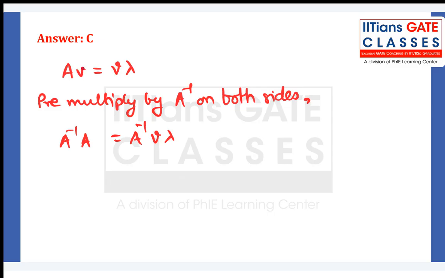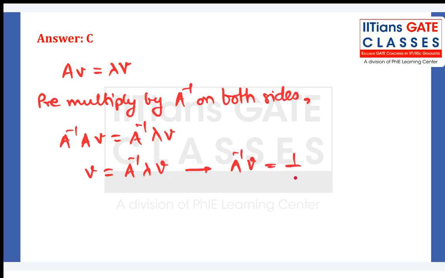Yeah, that is correct now. And just for better representation, I should write it as lambda V because this is the standard notation used in every book. So this becomes V equal to A inverse into lambda into V. The eigenvalue is actually a scalar, so you can take it to the other side. So this becomes A inverse V equal to 1 by lambda into V.